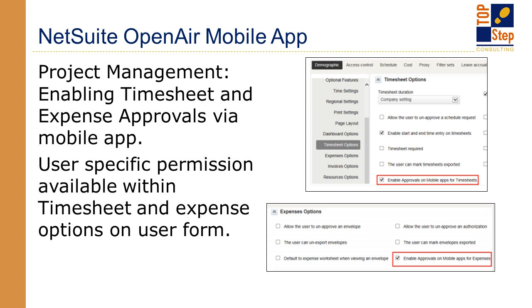So this gives you the ability to control: do you want approvals to occur inside the mobile app, or do you want to force all approvals to happen directly within OpenAir? It is set on a user-by-user basis, so you can set this organizationally or you can set this based on the different users. But without this checkbox checked on the user's record, they will not be able to participate in the approval process inside the mobile app.